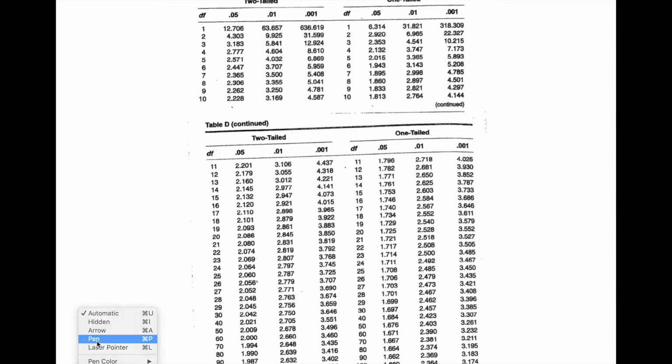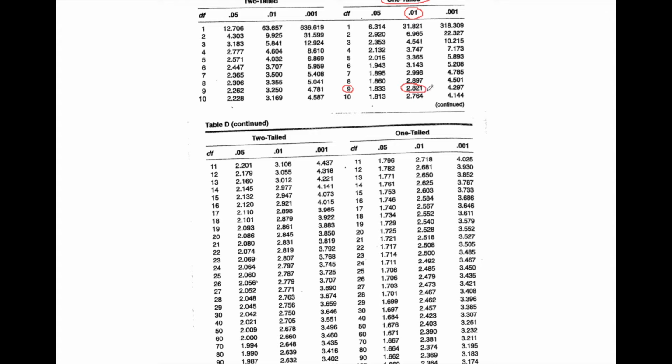So if I'm looking at this, highlight my pen, there's the one-tailed, 99%, so that means our alpha would be 0.01, and degrees of freedom is at 9. So I'm just circling all the information. Now if you just zero in, going down here, our critical value would be 2.821.